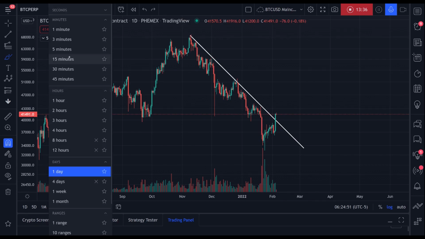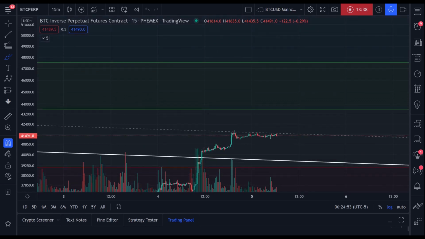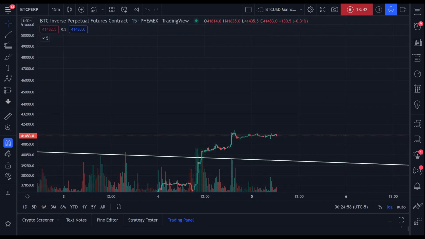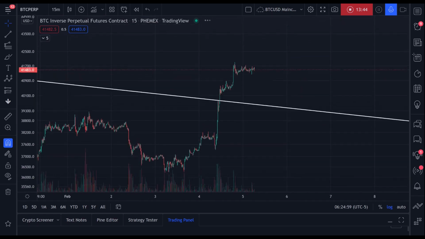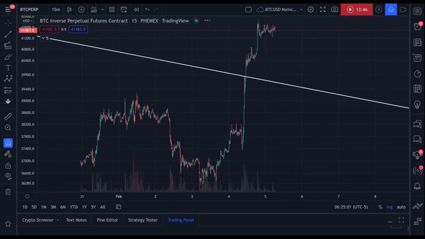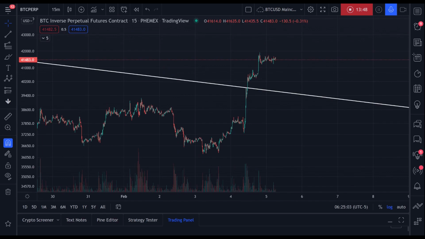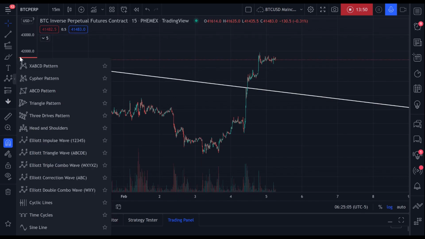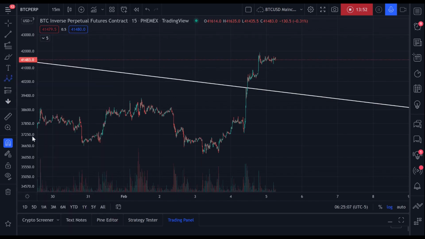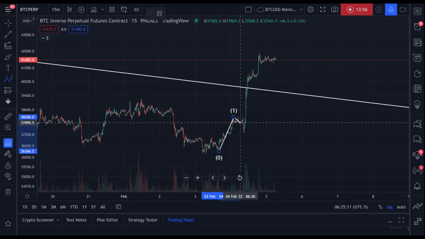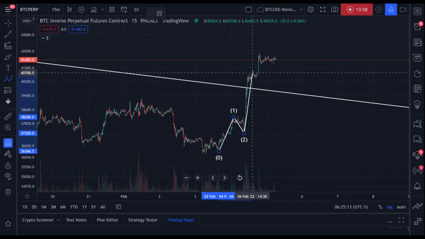Let's go on the 15-minute time frame. Zoom in. Let's get rid of this right here. And let's see. Do we count 5 waves? Here's what I count. 1. This is my 2 wave.